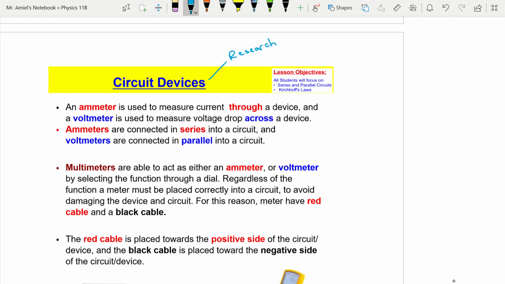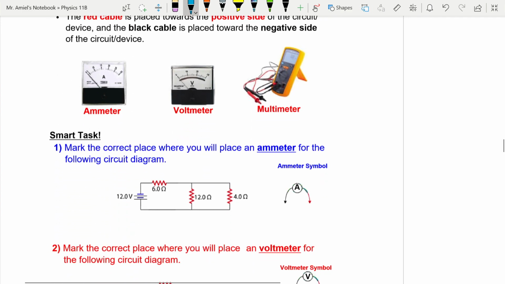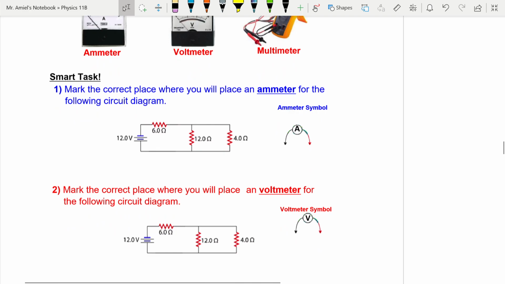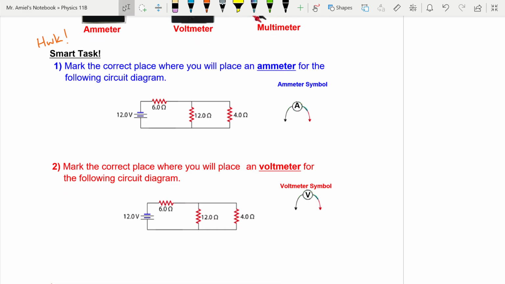For this smart task, I want you to mark the correct place where you will place an ammeter for the following circuit diagram. So this is your homework for today: to research where you are going to place an ammeter in the circuit, where you are going to place a voltmeter in the circuit, and why you place them where you place them.